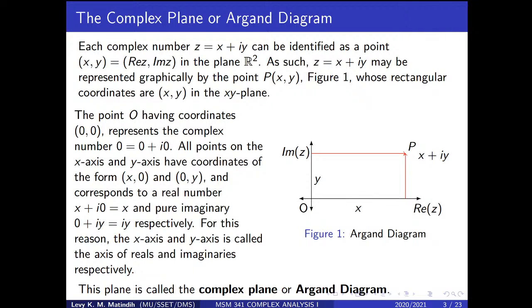Now, if we recall what we said about the complex number, by definition, a complex number is a number that can be written in the form x plus iy, where this i represents the square root of -1.